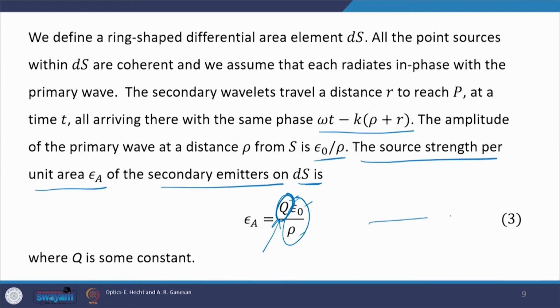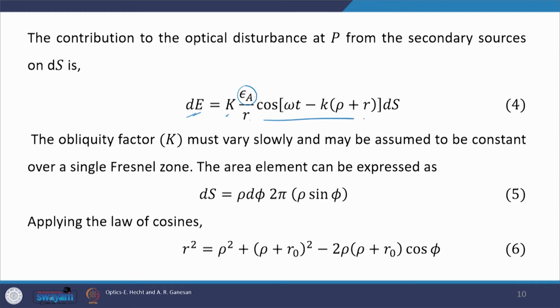The contribution to the optical disturbance at point P from the secondary source on dS will therefore be equal to k epsilon a by r. Epsilon a is defined here in equation number 3, which is source strength per unit area, and then the phase part cos omega t minus k (rho plus r), into dS.